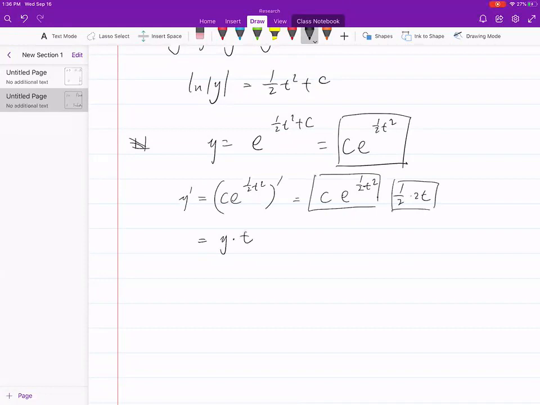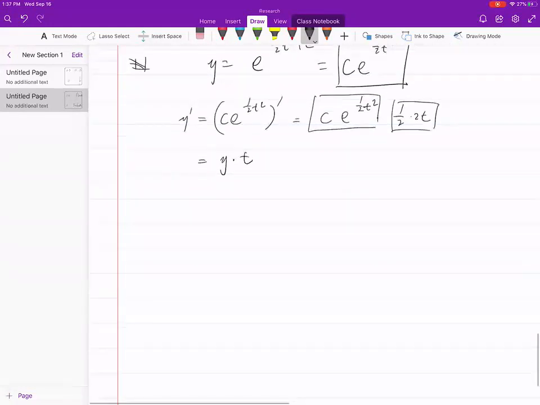That is the differential equation. So this one is the answer. Sounds good?